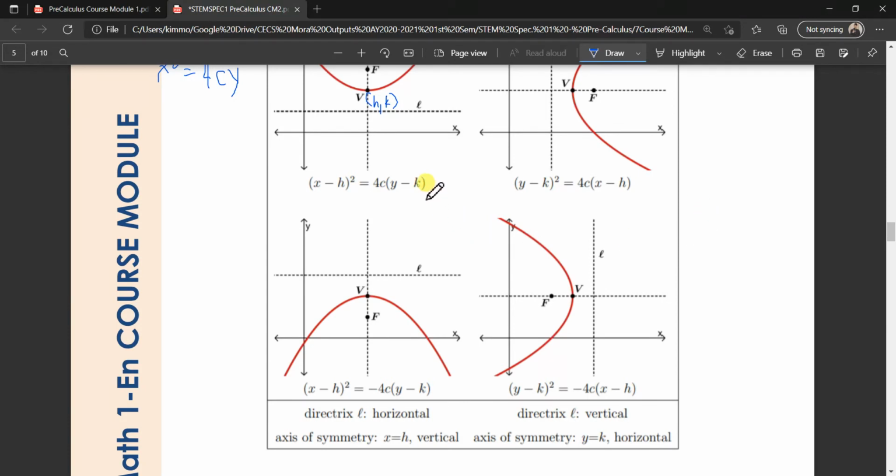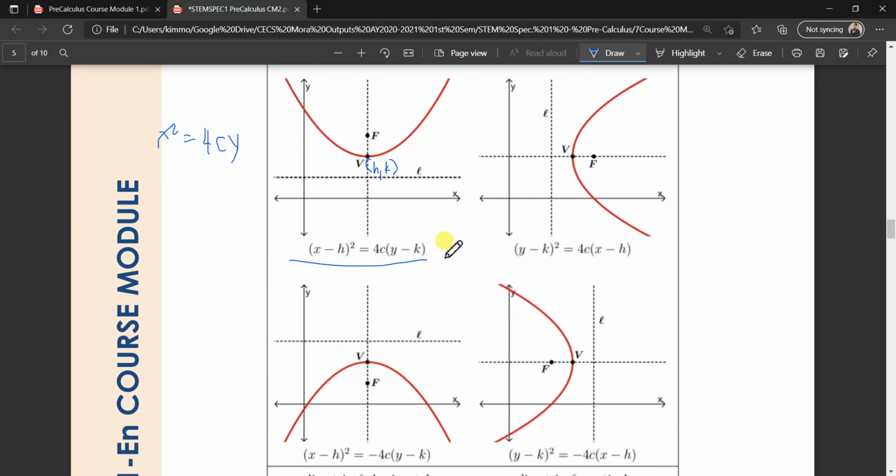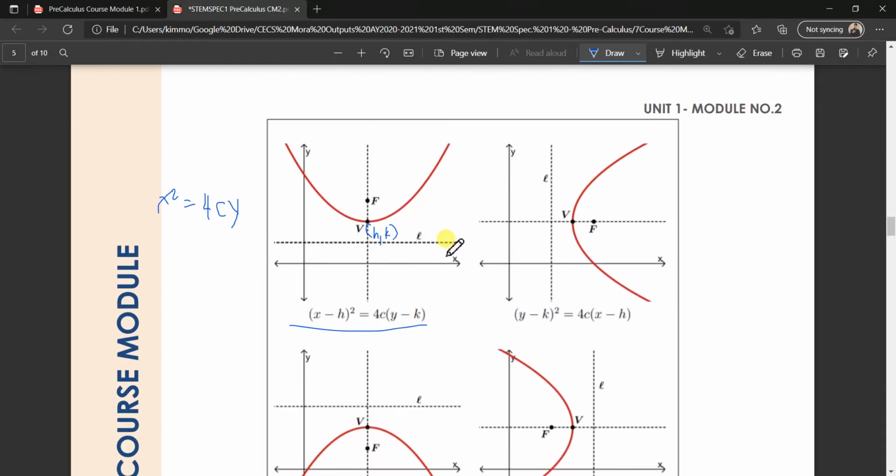Memorize not only the equation but also the position of your parabola. The way I memorize it is, if the parabola is facing upward or downward, that is opposite to our x-axis. So our line here, the directrix, determines whether x or y is the one squared in our equation.